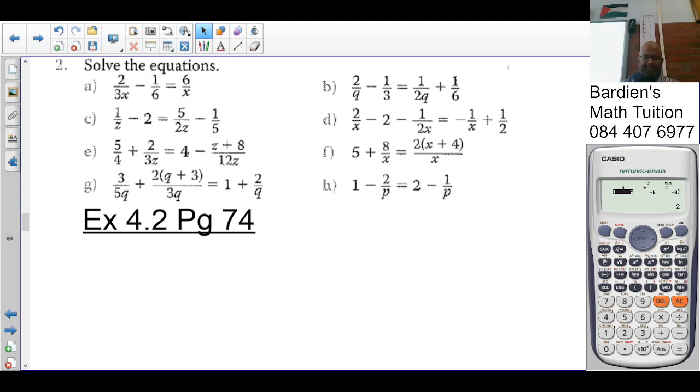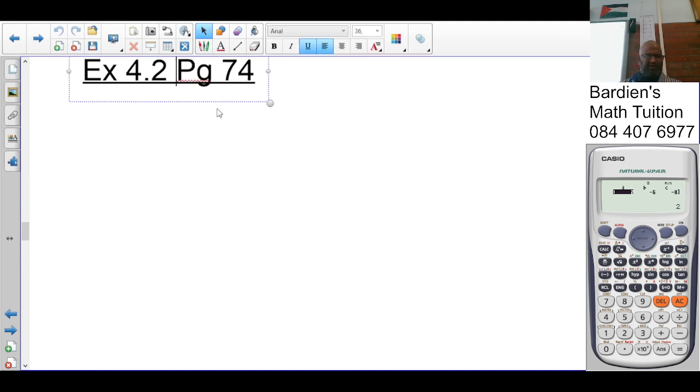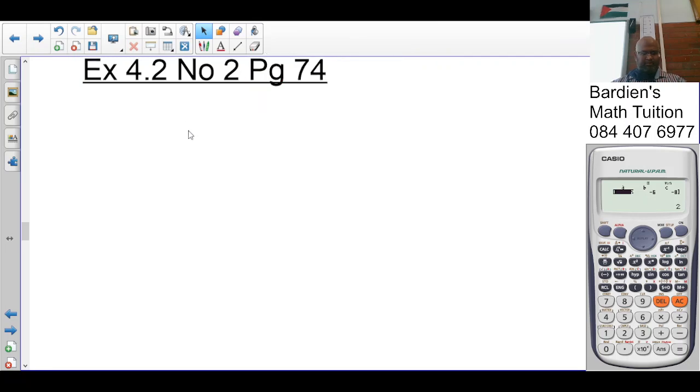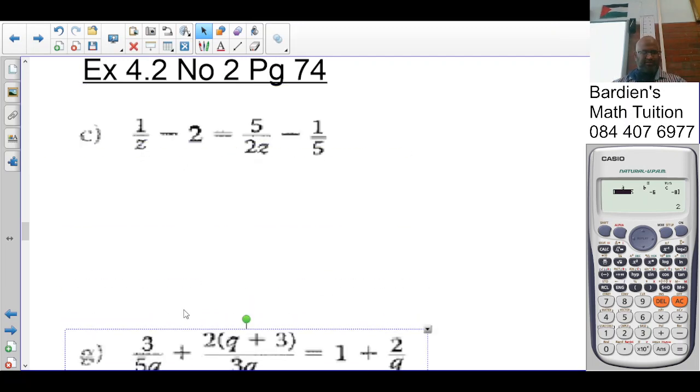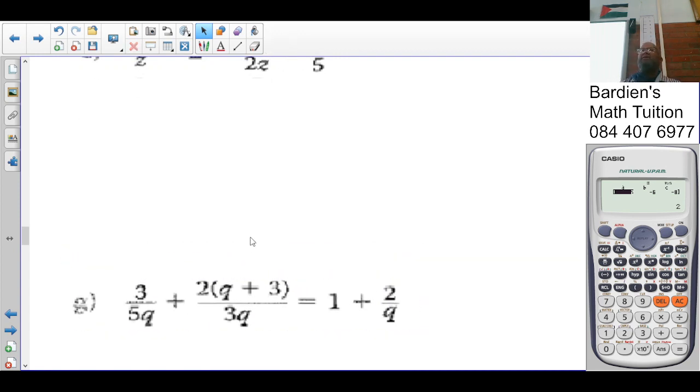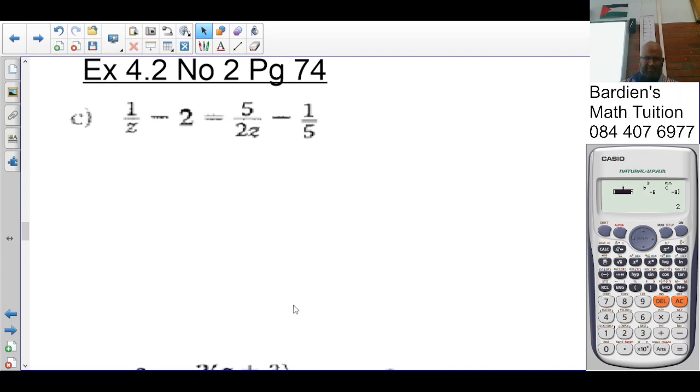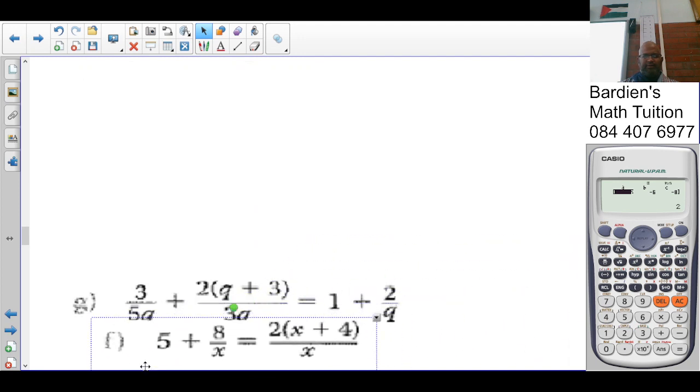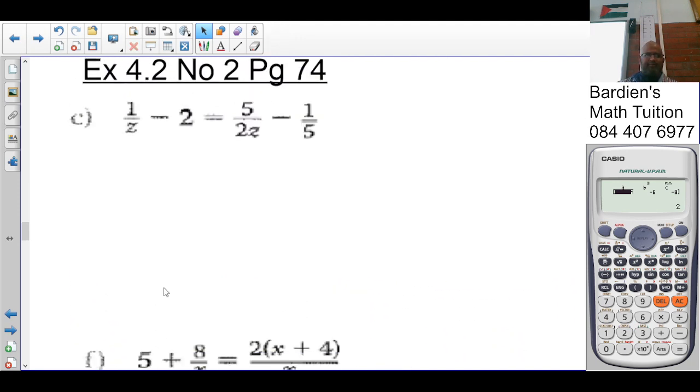C and G. Number 2, C and G. Anything else other than 2C and G? Anything else? Okay.